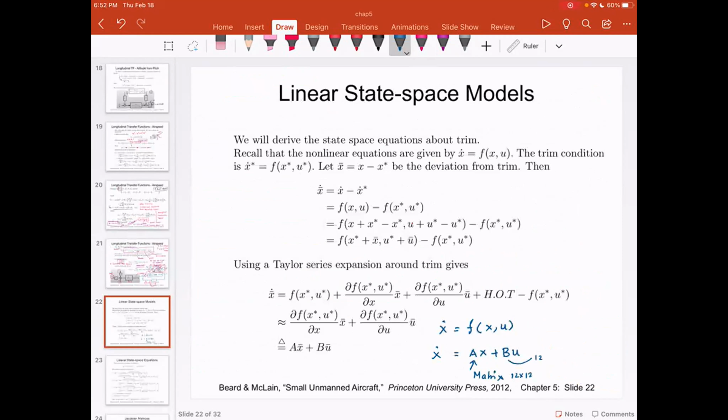This is a 12 by 1. And actually, you will have the control inputs. Basically, there will be a lot of zeros here. So when you look at this equation, your control input will be delta E, delta A, delta T, and delta R.